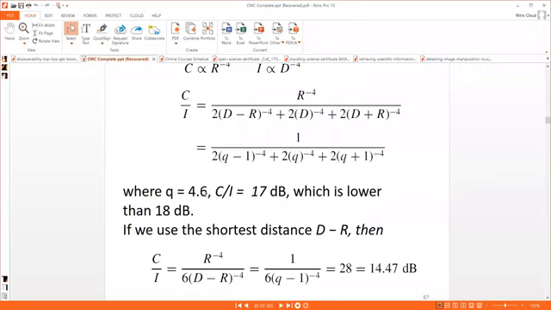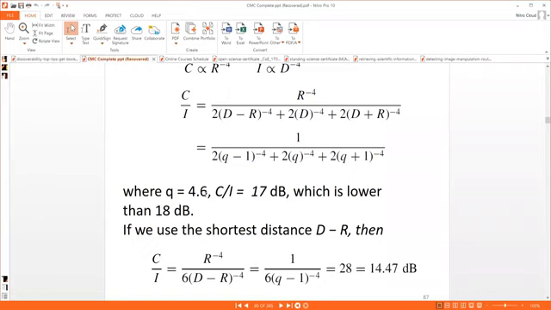When you use this value of 4.6, the C by I is automatically given as 17 decibels. But actually, to have a good connection, from the first chapter, we have said that the basic value must be 18 decibels, but the 17 decibels here is lower than 18 decibels.